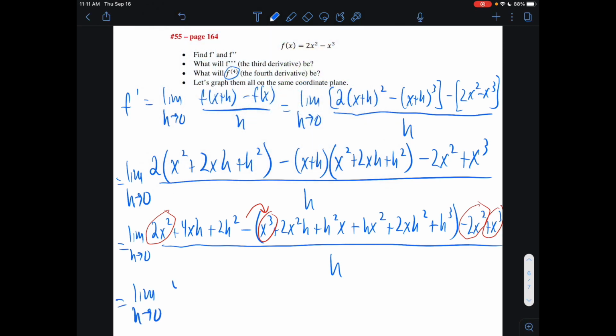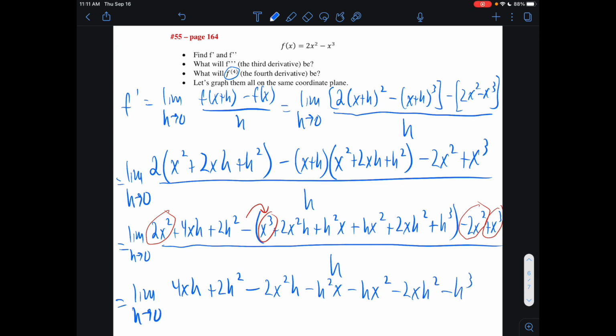So I've got 4xh plus 2h squared, and then I distribute my minus 2x squared h minus h squared x minus hx squared minus 2xh squared minus h cubed. We have some stuff that we'll be able to add up.